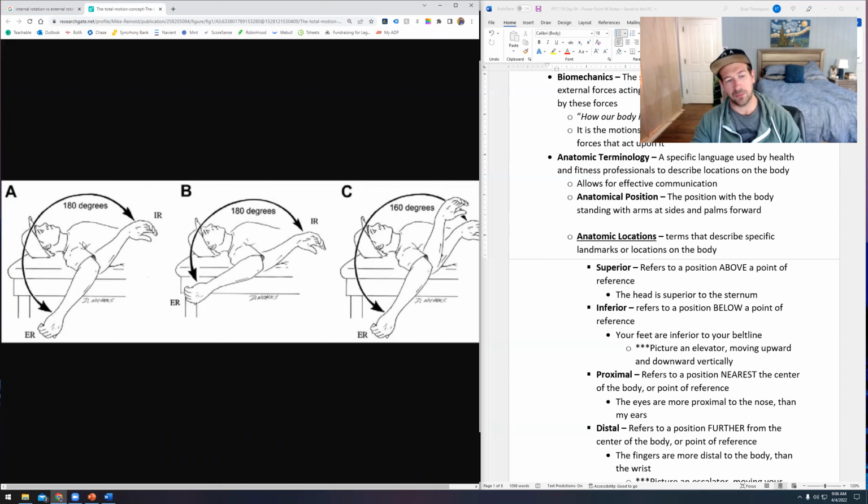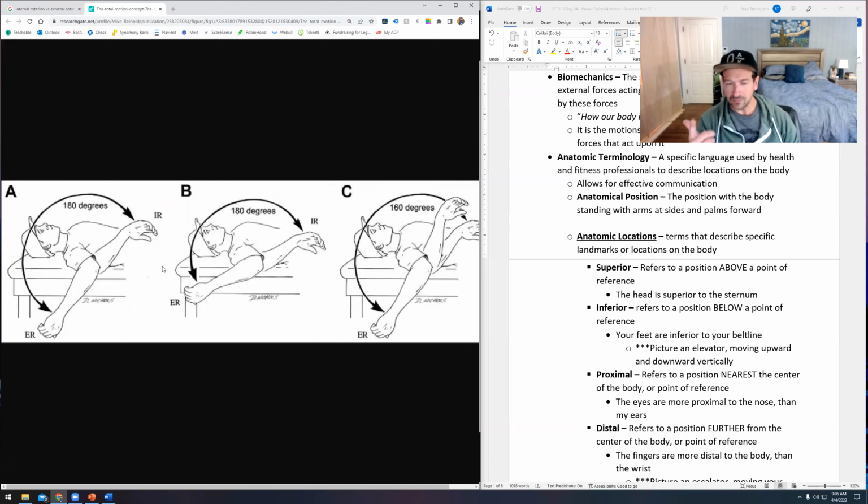Now this baseball player's arm is all the way cocked back, like 180 degrees. That's a pretty good range of motion, right? So that is what we consider external shoulder rotation. And then he's going to rotate it this way into internal shoulder rotation when he goes to throw the ball, right? So he's cocked back like this in external rotation. He would move forward like that, using internal rotation to throw the baseball, right?